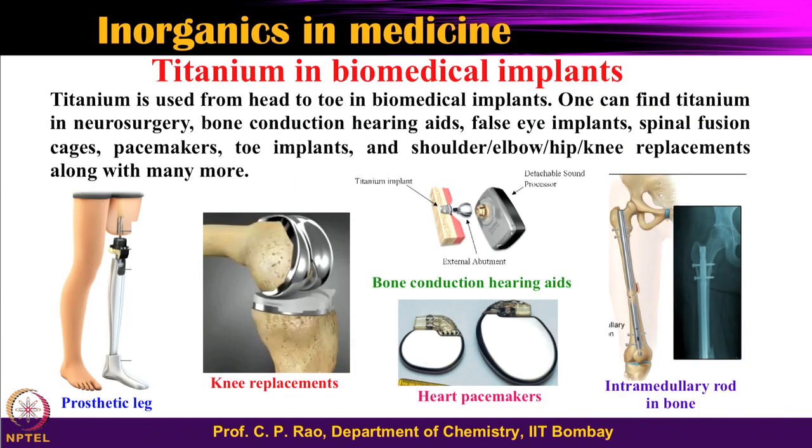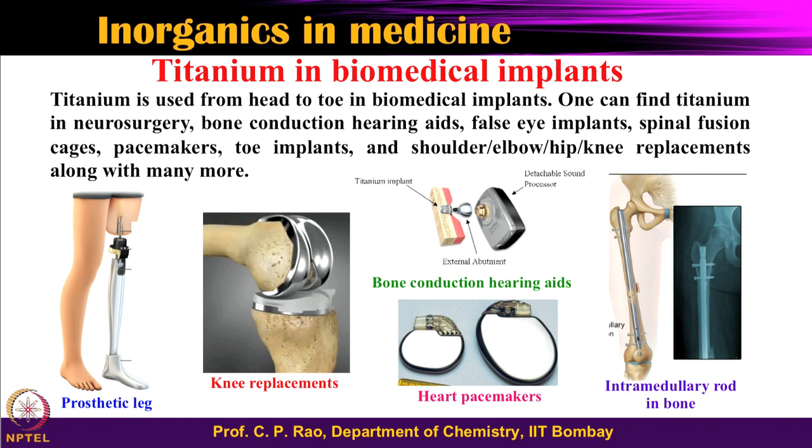Now, let us look at some kind of implant kind of things. For example, everyone I am sure knows that titanium is used as implants everywhere in the body, from toe to head, everywhere. So, this is used for the bones, we know very well.